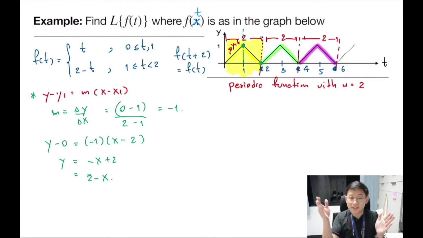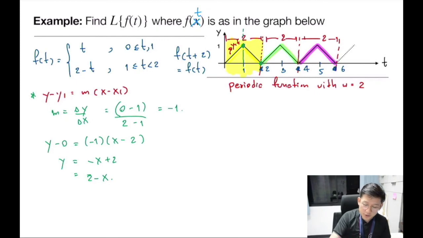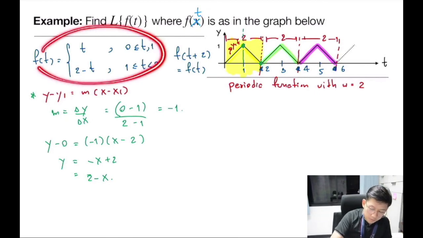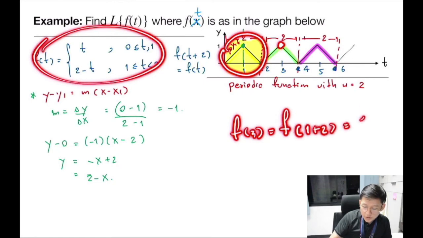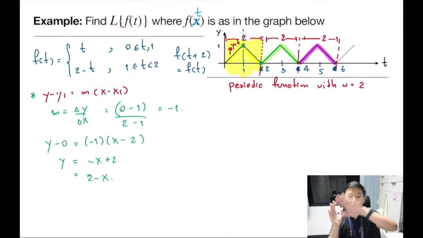So it's repeated, and we only write down this function for this period. If it's f(3), we look at f(3 minus 2), which is f(1). It's going to be the same as f(1) because it's repeated.